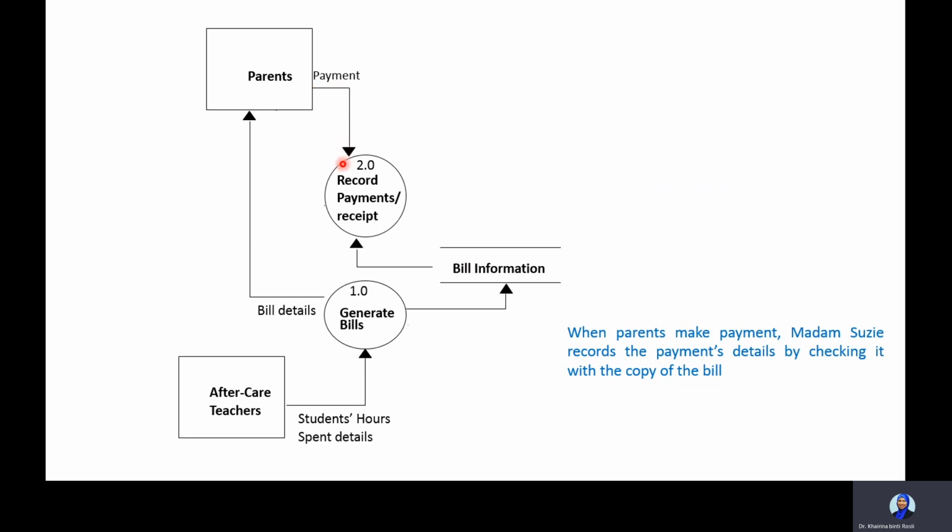So the next process is Madam Susie records the payment details by checking it with the copy of the bill. The copy of the bill is taken from the bill information file and used for the next process, which is record the payment.